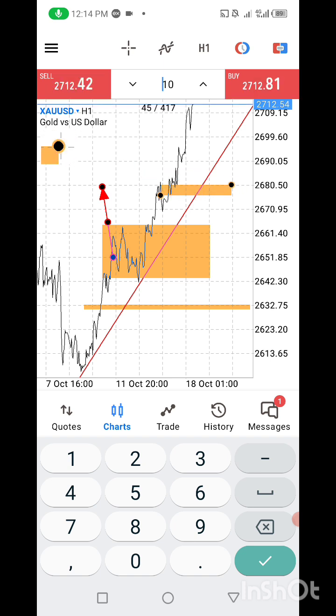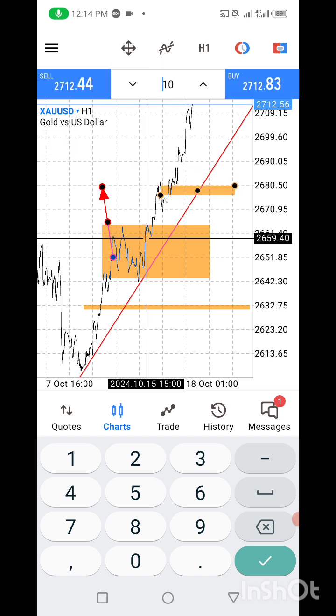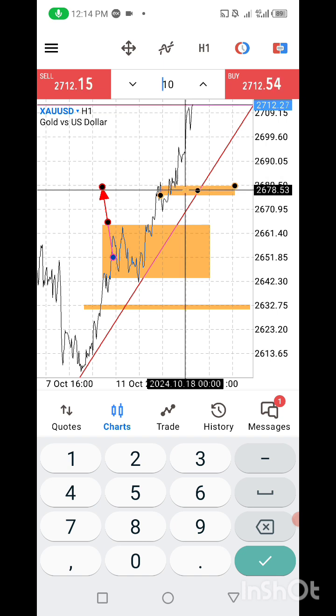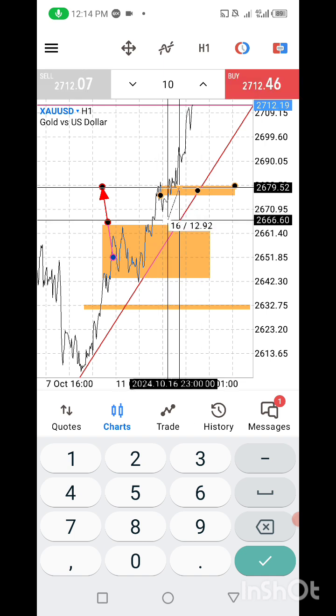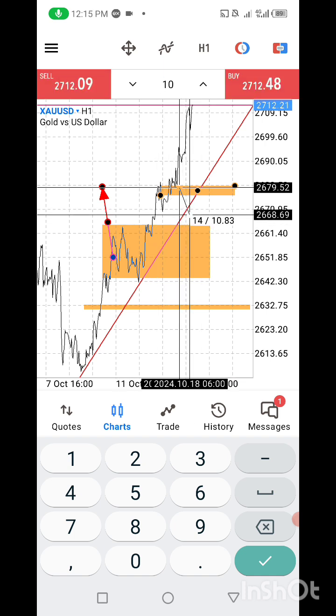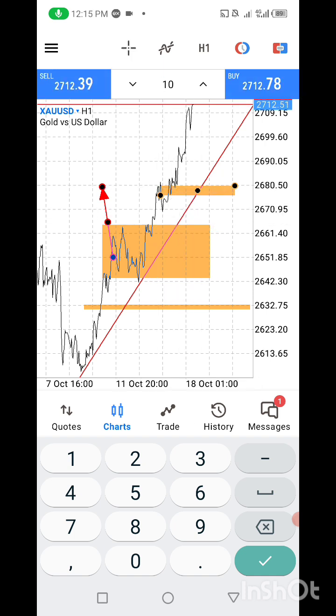You place a trade with your SL on another support. So you enter somewhere, this is a support, you enter somewhere here, this is another support here, or just below that support zone. It depends on what works for you.